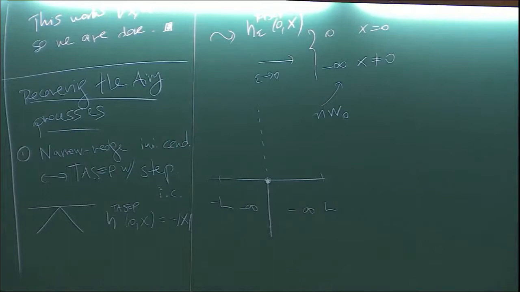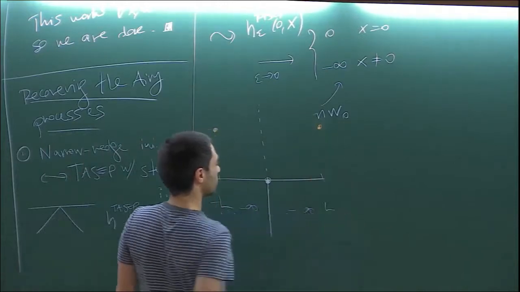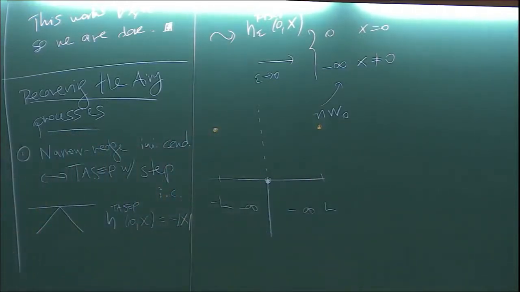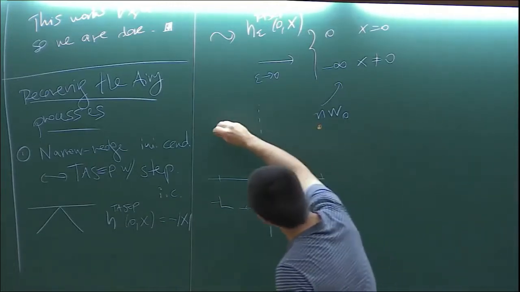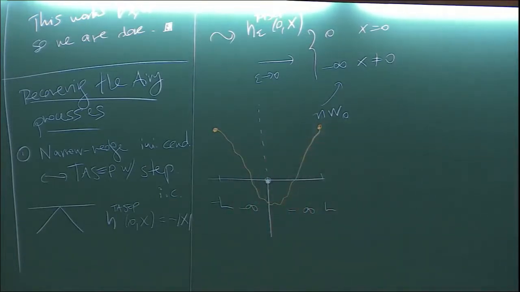I'm supposed to compute the probability that I start from some point over here, end at some other point over there, and hit the hypograph of this function. But it's very easy what has to happen. There's only one way in which I can hit the hypograph of that function. I can only hit it at time 0, and I just have to go below 0 at time 0. It's the only way, because this thing is minus infinity everywhere else.